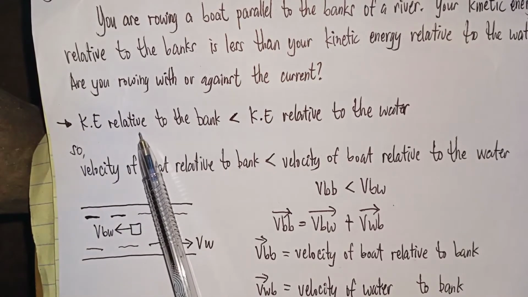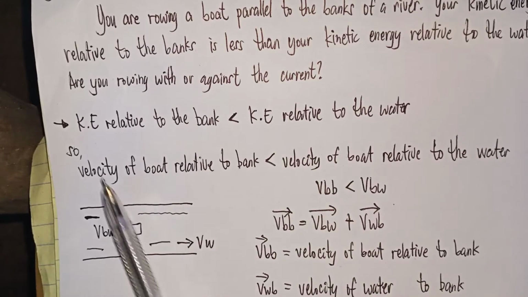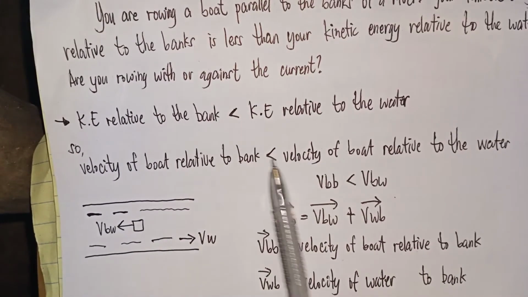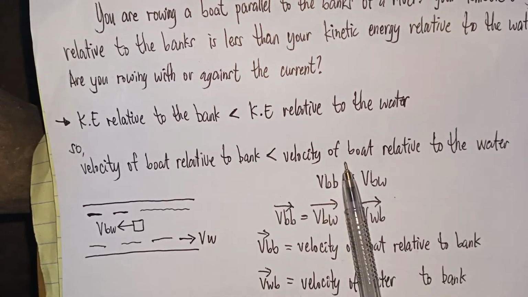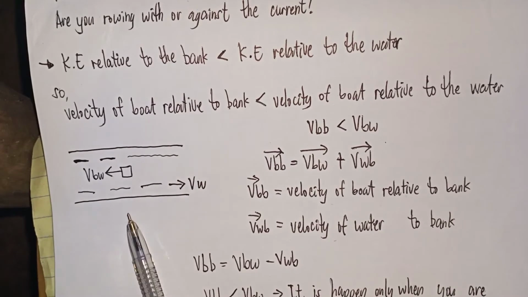The kinetic energy relative to the bank is less than the kinetic energy relative to the water. So the velocity of the boat relative to the bank is less than the velocity of the boat relative to the water. This is the drawing.